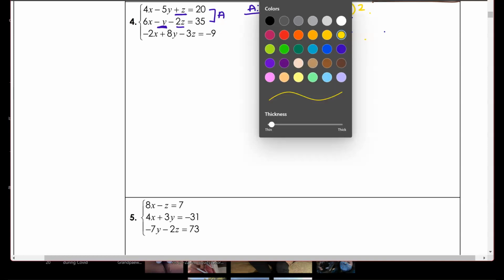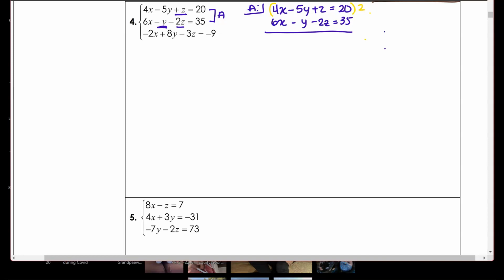So let's see what we get here. Now I'm going to have 8x minus 10y plus 2z equals 40. And then I'm going to have 6x minus y minus 2z equals 35. Here we can see that the z's cancel out.